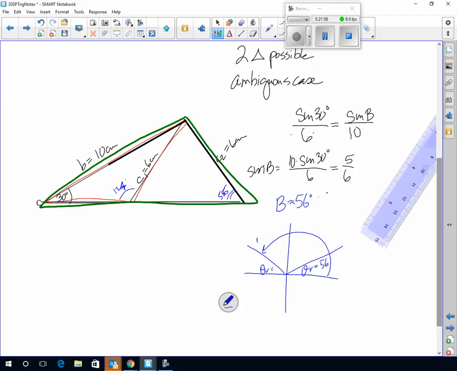Okay, now if you add up 124 and the given 30 degrees, what do you get? 154. So it's possible to have that third angle then. Does everybody see that? Whereas the other one, when we added those two angles up, we were already at 190, so we knew we couldn't have that obtuse angle in there. Do you see what I'm saying? Yes?